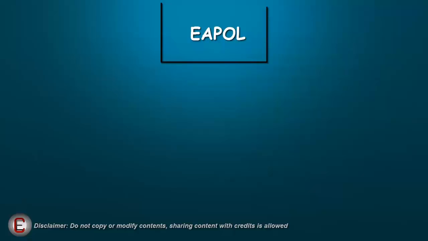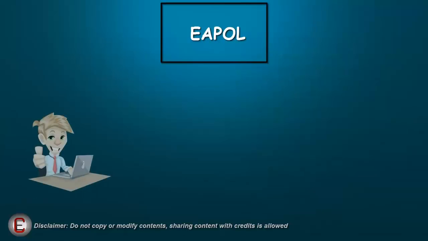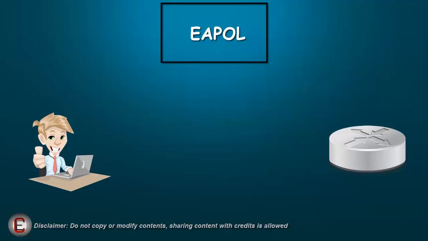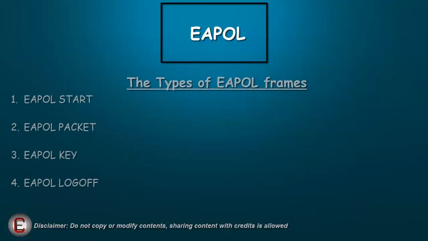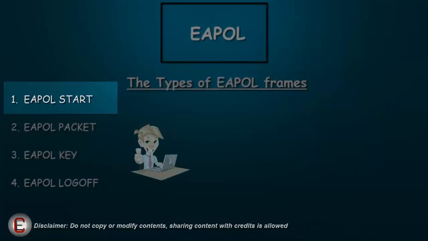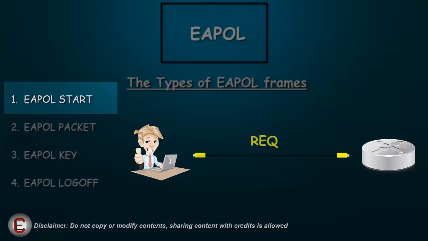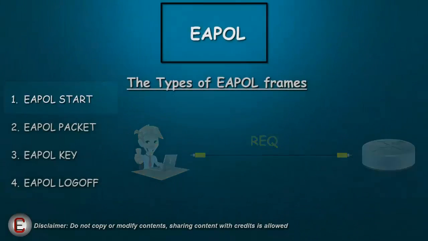EAPOL is the encapsulation technique used for the authenticator and the supplicant to communicate over the LAN, including Ethernet and WLANs. The types of EAPOL frames are the following. EAPOL-Start. This frame is always sent by the client or supplicant to notify the authenticator that it requires access to the network. However, this frame is not mandatory.